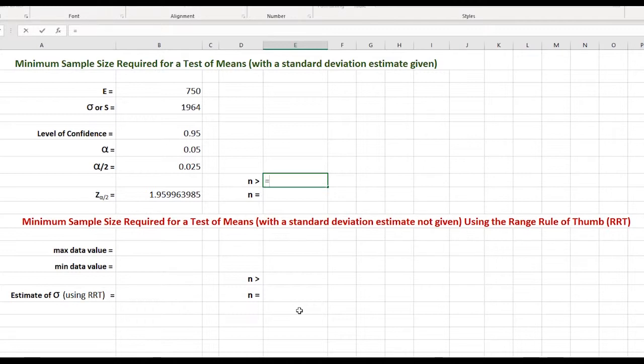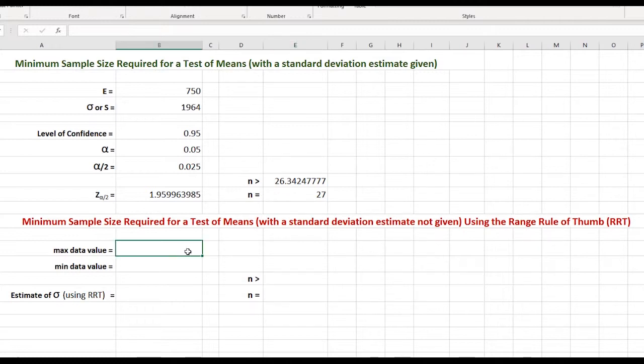So equals, open parenthesis, my S or sigma times my z sub alpha over 2 divided by E, close parenthesis, and remember to get squared, I use the caret or shift 6, which means raised to the power of 2, and I get 26.34-ish, but that means that the minimum sample size will equal round up, open parenthesis, going to grab that n is greater than thing, comma, number of digits is 0, close parenthesis, and press enter, and there we have 27. And that is the answer.